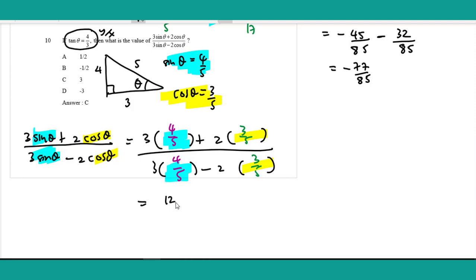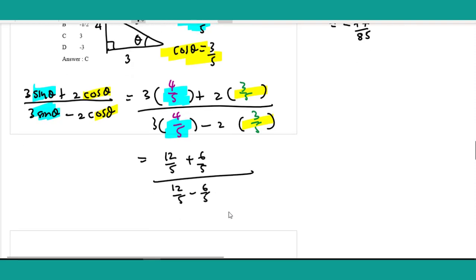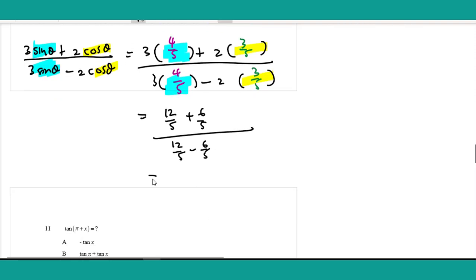Simplify. 12 over 5 plus 6 over 5, over 12 over 5 minus 6 over 5. It's 18 over 5 over 6 over 5.